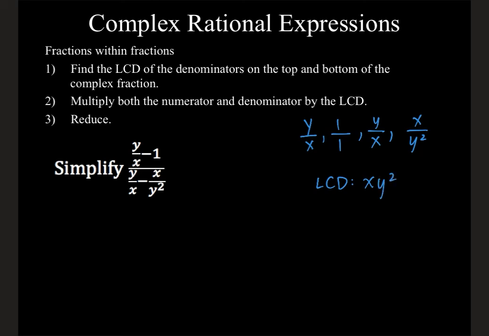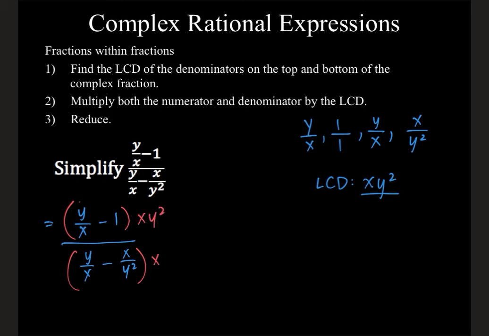So what I'm going to do now, once I found that LCD, is multiply it to both my numerator and my denominator. So I'm going to rewrite this, and multiply all of this by xy².